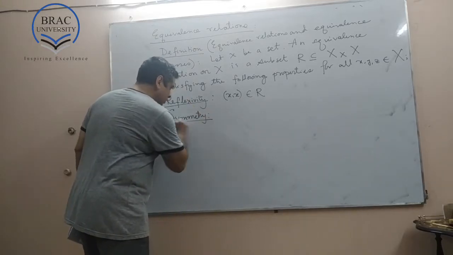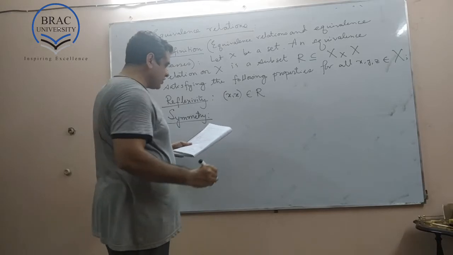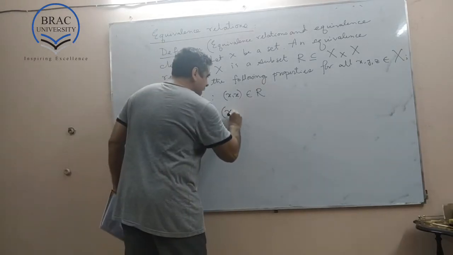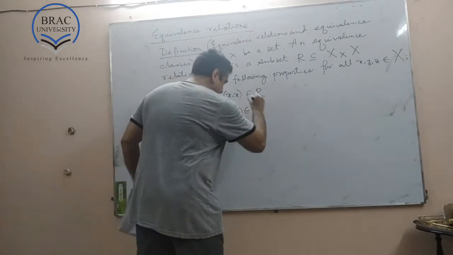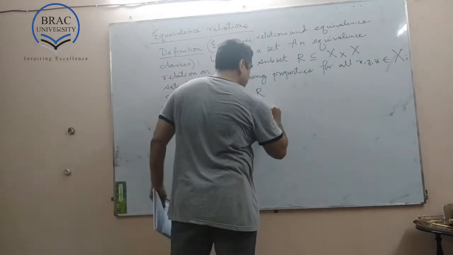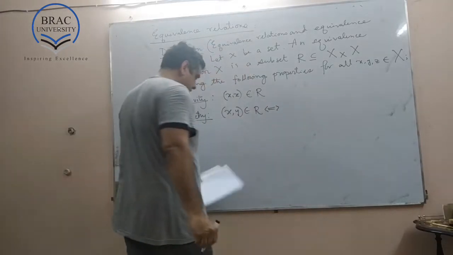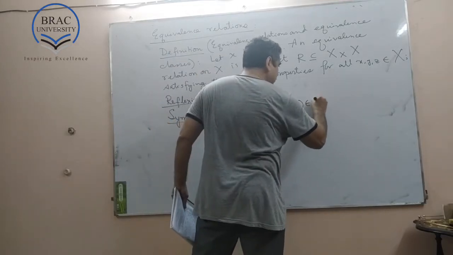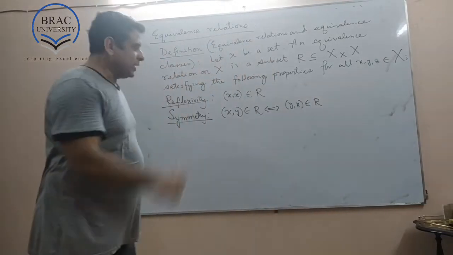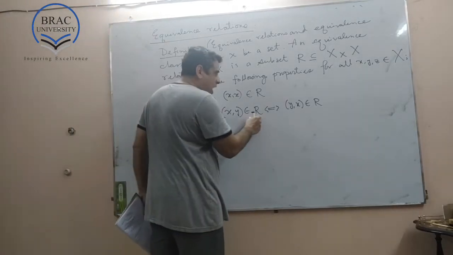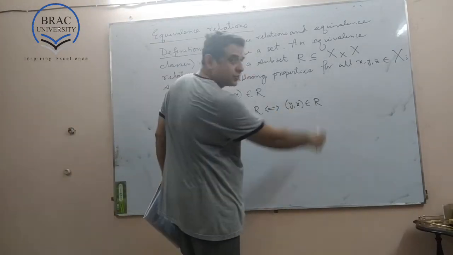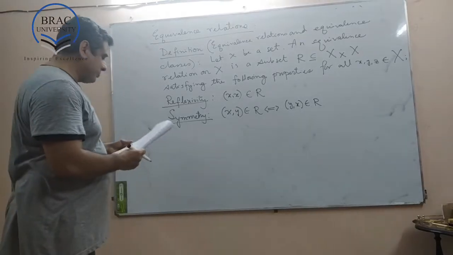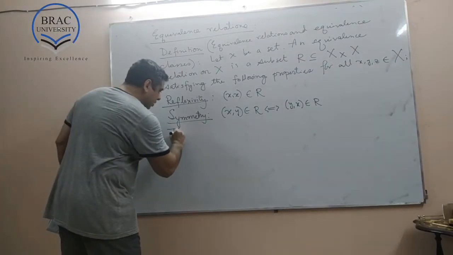Symmetry tells that if (x, y) is in the set, then (y, x) will also be in the set and vice versa. So in other words, (x, y) is in R if and only if (y, x) is also in R. Now the final one is called transitivity.